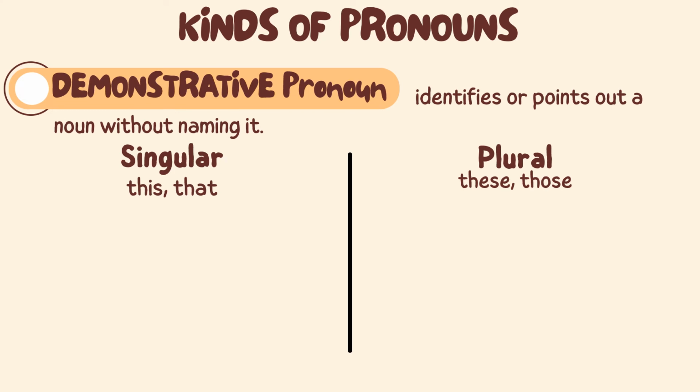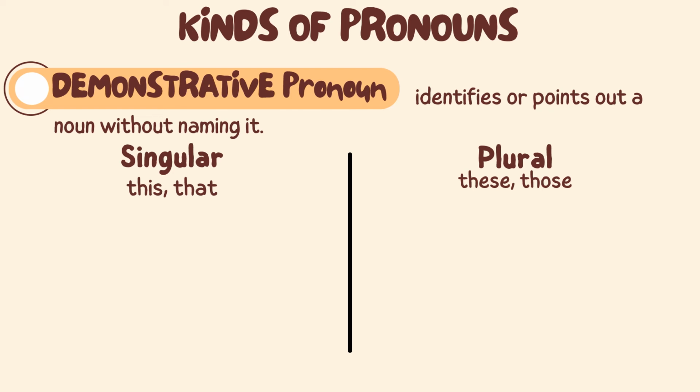We also have demonstrative pronoun, which identifies or points out a noun without naming it. We only have 4 demonstrative pronouns, which are this and that for singular, and these and those for plural.